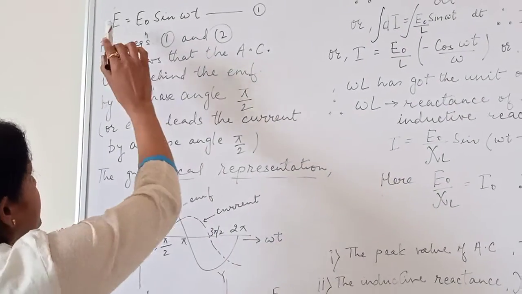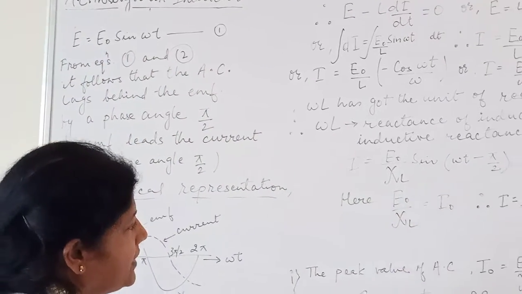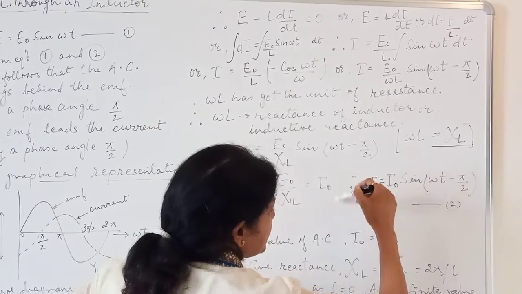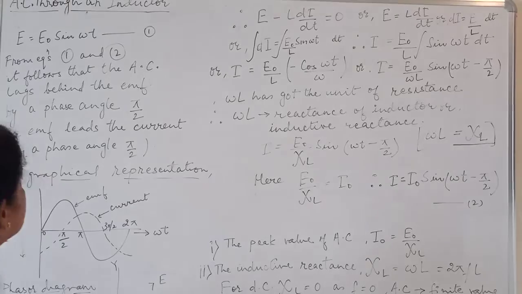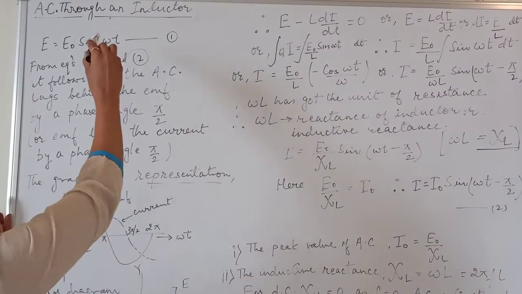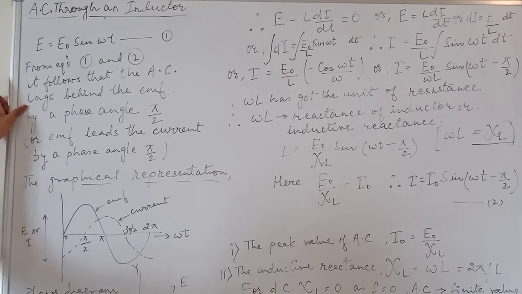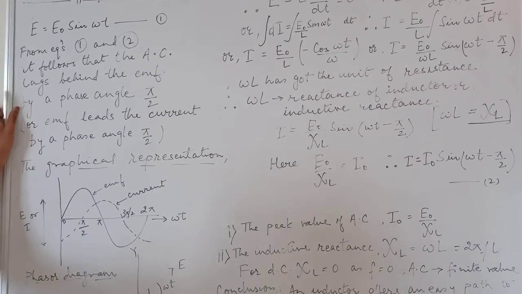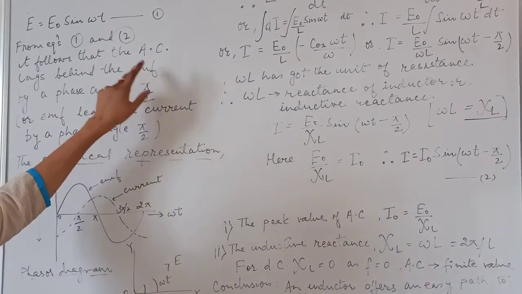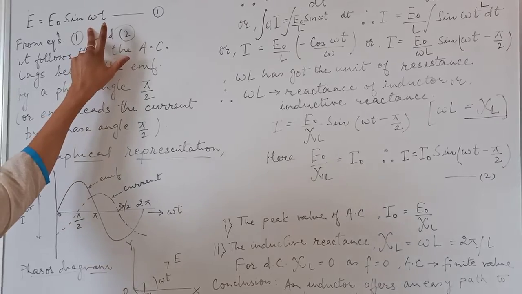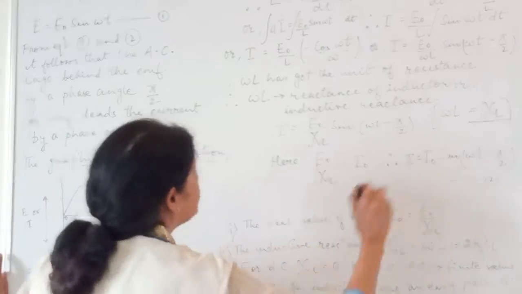So, the first equation was E is equal to E naught sine omega t, and our second equation is I is equal to I naught sine omega t minus pi by 2. From these two equations, it follows that the AC lags behind the EMF by a phase angle pi by 2. Here we have sine omega t, and here sine omega t minus pi by 2.